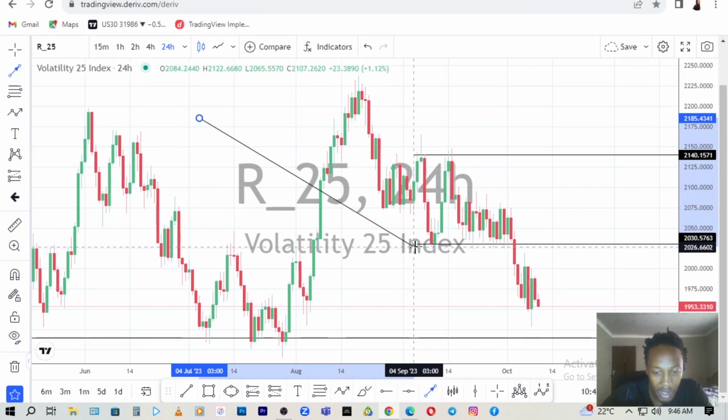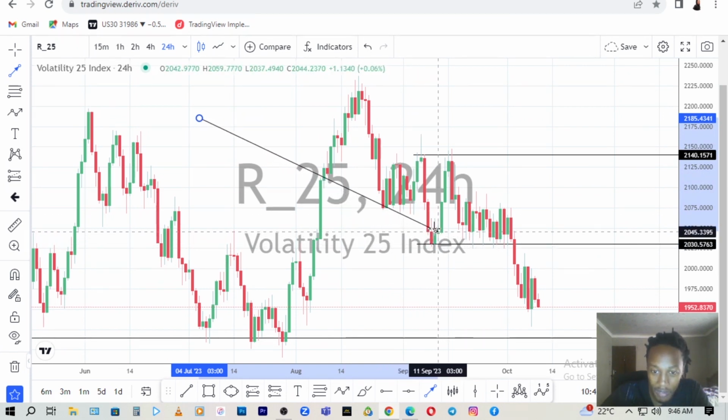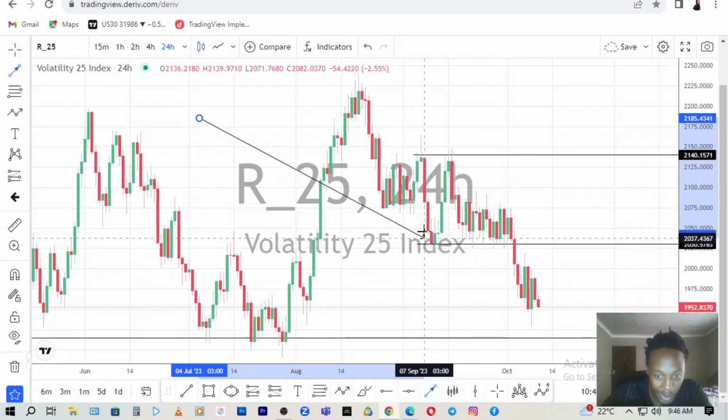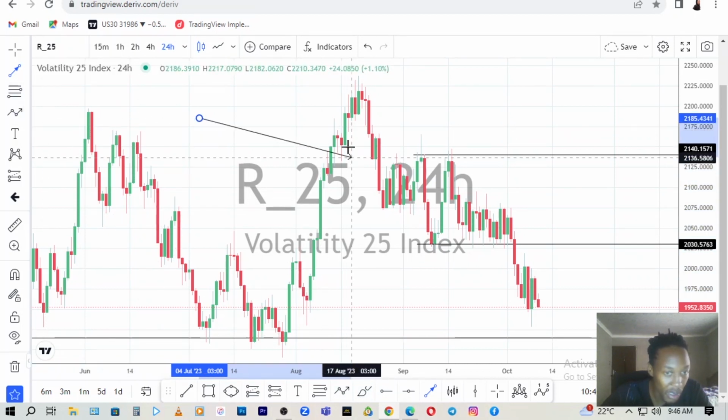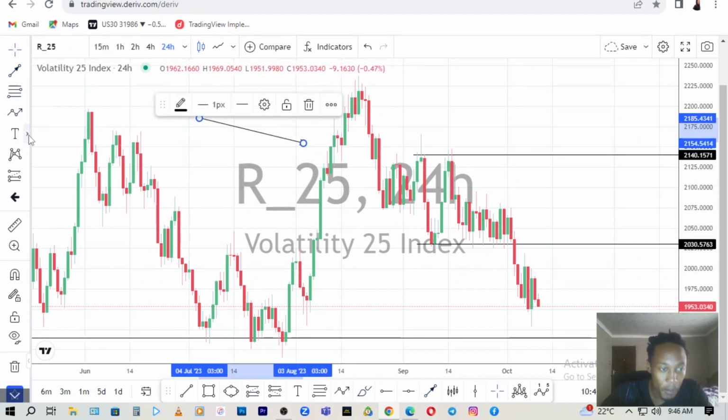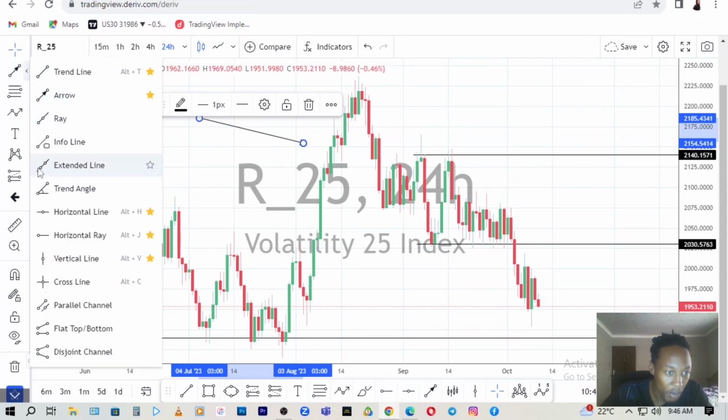Then I think a week ago also I did an analysis saying, when the market was on this area over here, let me use a line. Where's my line? I'm looking for a line.